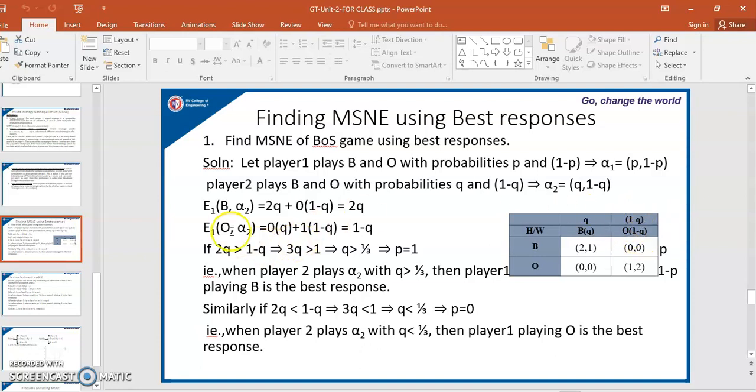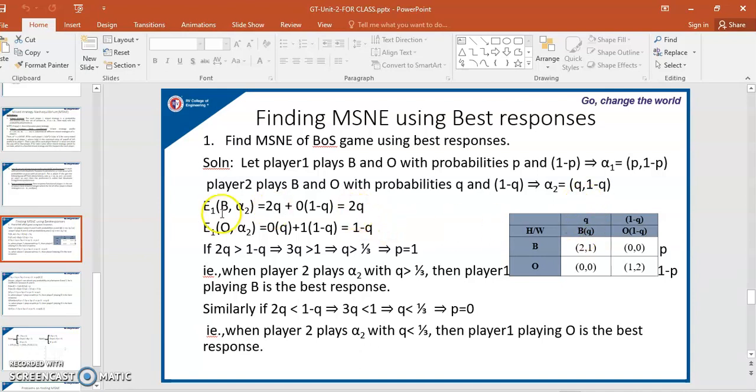Now, what is the expected payoff to player 1 when he is playing B and the other player is applying the mixed strategy alpha 2? It is nothing but 2 into Q plus 0 into 1 minus Q. That is because here player 1 is entirely playing B, indicating P equals 1. So, the payoffs are multiplied only with the probabilities of player 2 alone.